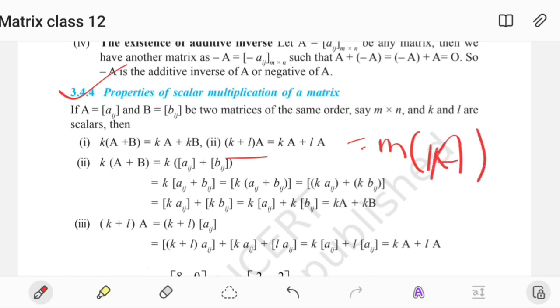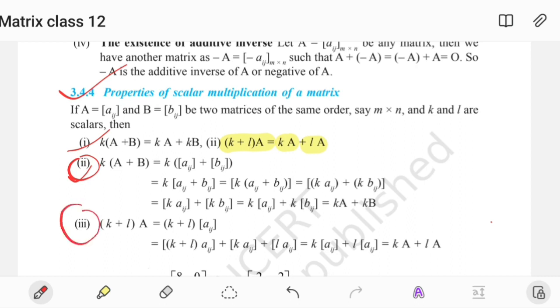And what is m? m is k plus l. So it is again very trivial that (k plus l) times A becomes kA plus lA. This is clear. Now in this and this, the author has shown how this results in this and this results in this.